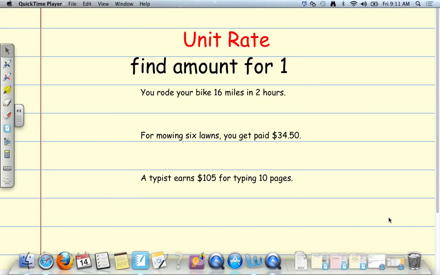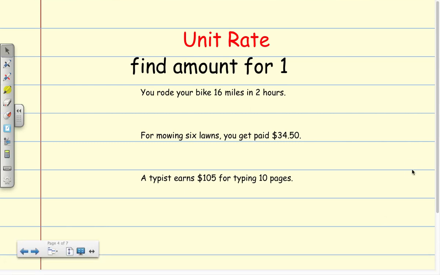The next concept that we are going to talk about in 6.1 is unit rate. This is by far one of the most difficult concepts for 7th graders to master. When you think about unit rate, what you're really asking is, unit means 1, if you can recall. If you're looking at a grid, unit means 1. So a unit rate means find the amount for 1.